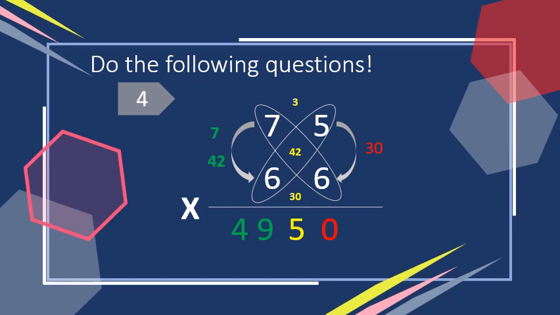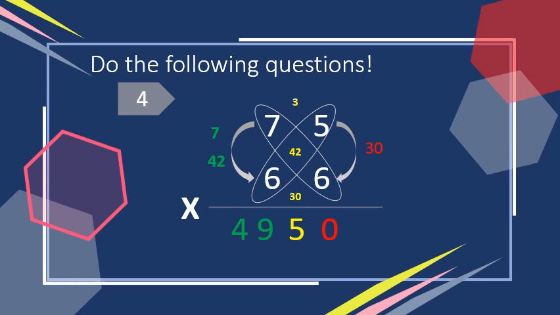Same as before, we only write 0 for the ones number and save 3 for the tens number. And then we can multiply 7 and 6. The result we can write in the middle of both numbers. That is 42. And then we multiply between 6 and 5.